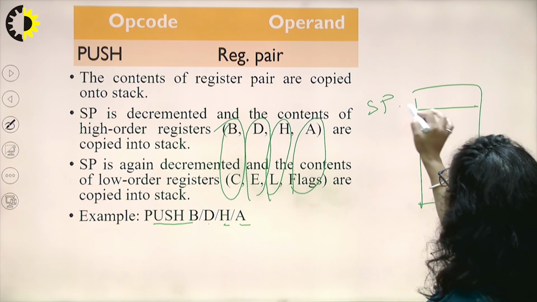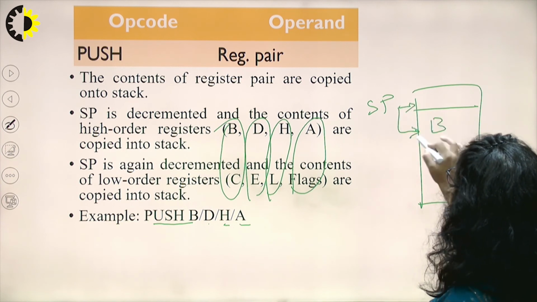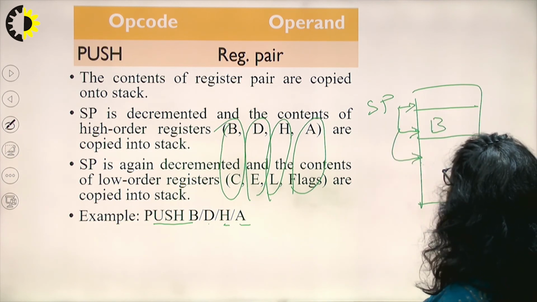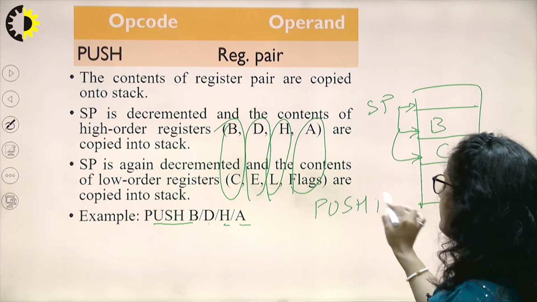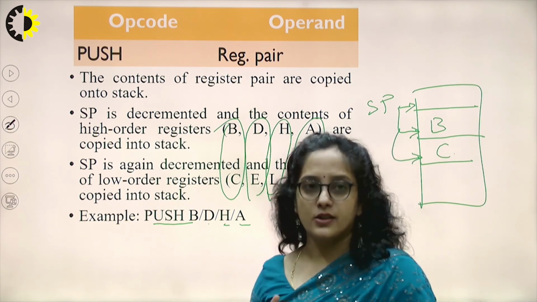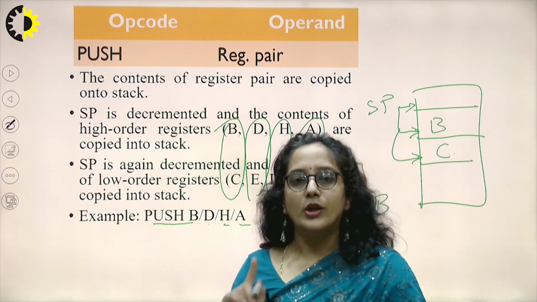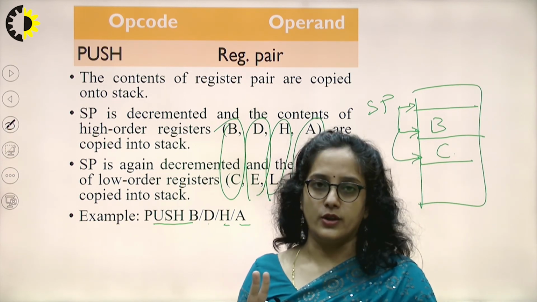It gets decremented and stores the content of B, again decremented and stores the content of C, if we use the instruction PUSH B. So whenever PUSH B is executed, the stack pointer is decremented by 2 memory locations.